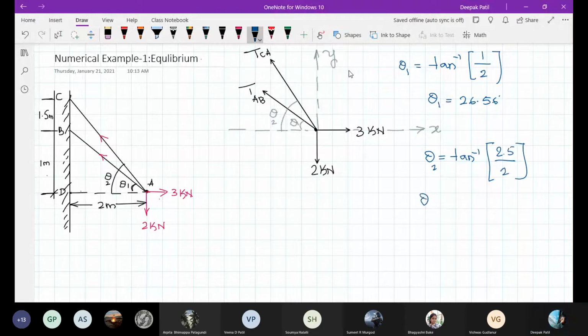So theta 2 is equal to tan inverse of 2.5 divided by 2, which is 51.34 degrees. Are you clear, students? Have you understood the angle calculation? Yes, sir.